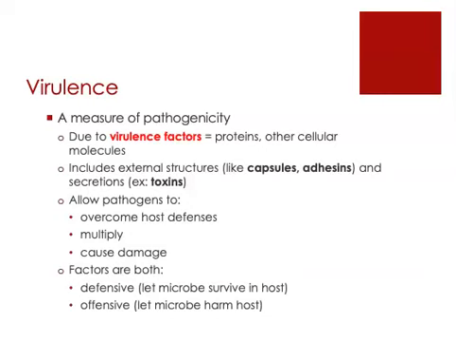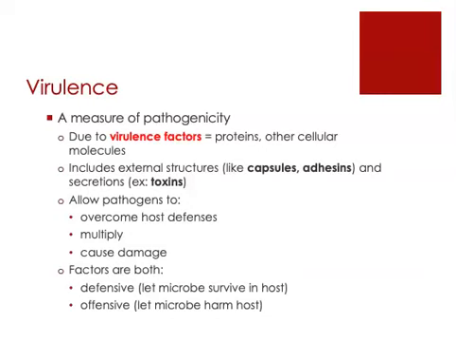Virulence factors can be proteins, they can be other dissolved molecules within the cell, they can be the structures that surround a cell. We talked about, for example, capsules, the type of structure that surrounds the outside of a bacterial pathogen and helps it hide from the immune system.